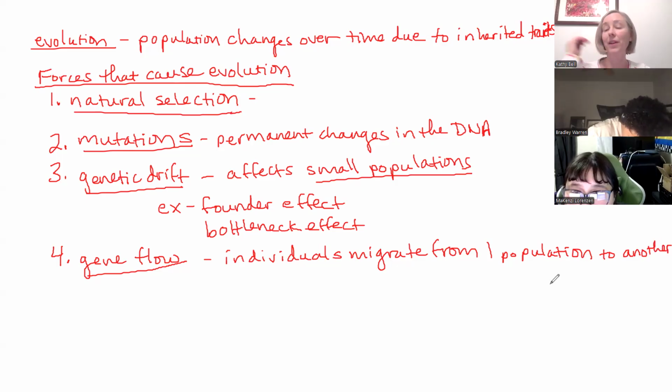Over time, as the genes are flowing back and forth, the two populations actually become more similar to each other as they exchange the genes.